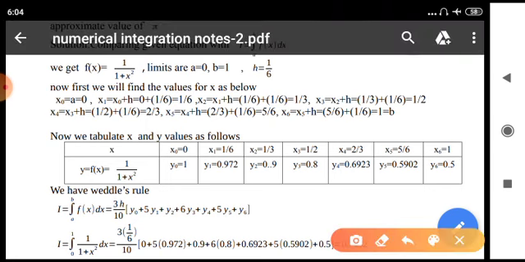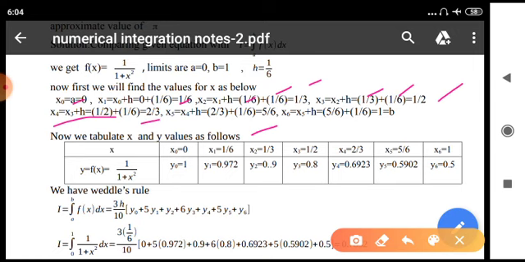First we start with x naught, which is a, which is 0. x1, we know the formula, x naught plus h, so it will be 1 by 6. Again x2, that will be x1 plus h, 1 by 6 plus 1 by 6, which will be 1 by 3. x3, x2 plus h, 1 by 3 plus 1 by 6, which is 1 by 2. x4, x3 plus h, 1 by 2 plus 1 by 6, 2 by 3. x5, we will get it as 5 by 6.